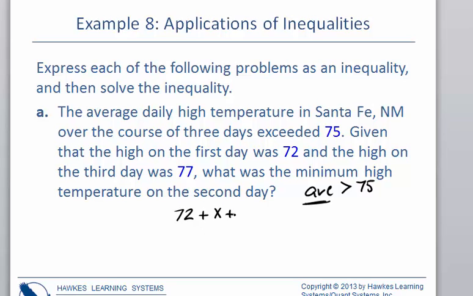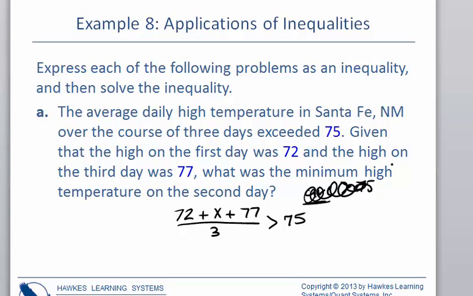We're going to call that x. And we're going to take the temperature for the third day, which was 77. And to find an average, we'll add those three together and then divide by 3. So we're essentially saying that that average has to be greater than 75. And so in doing that, we set up an inequality that we can solve.